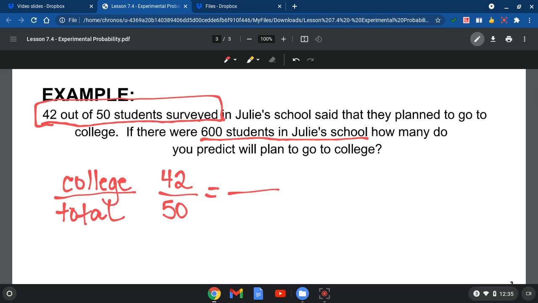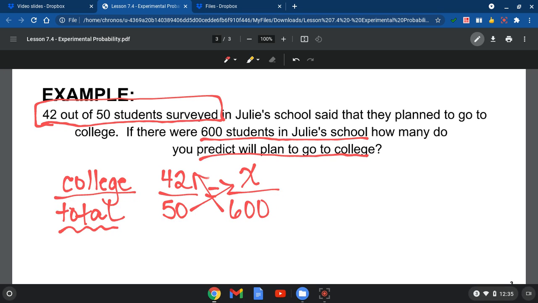Therefore, because total is in the denominator, we will put the total number of students in Julie's school in the denominator as well. So, x, the prediction of students who will go to college, will go in the numerator.